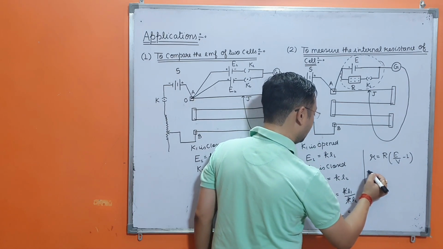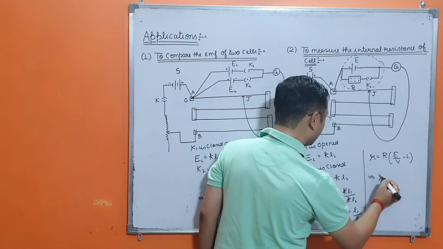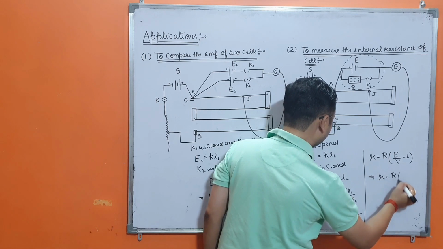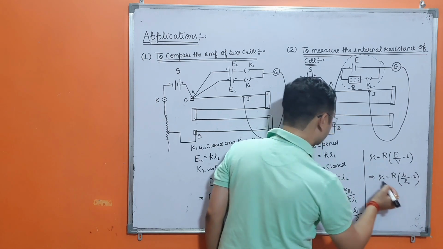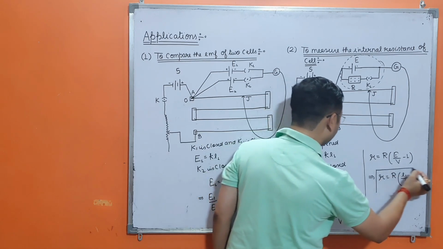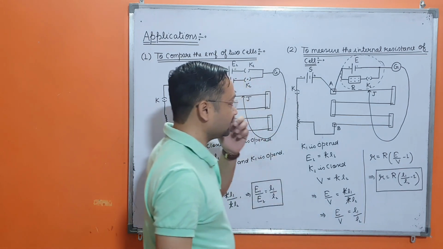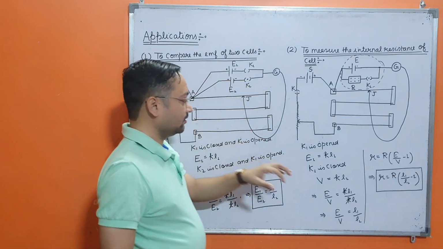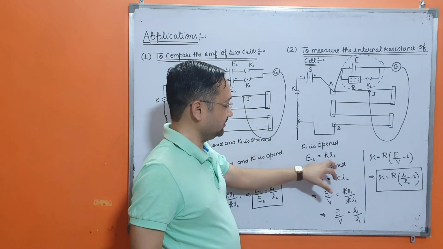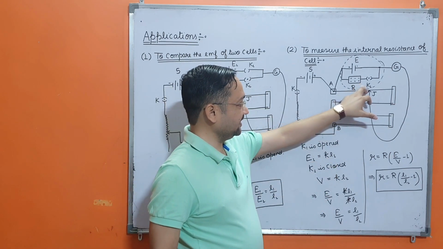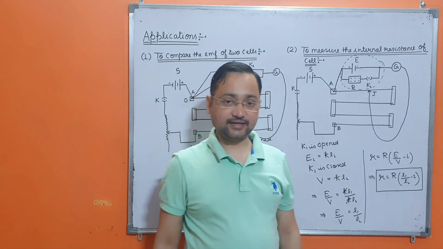E upon V will be L1 upon L2, and this implies that small r equals capital R, L1 upon L2 minus 1, and this is the value of the internal resistance of the cell in terms of the length L1 when the cell is balanced, and L2 when you close the key K1 for the terminal potential difference.